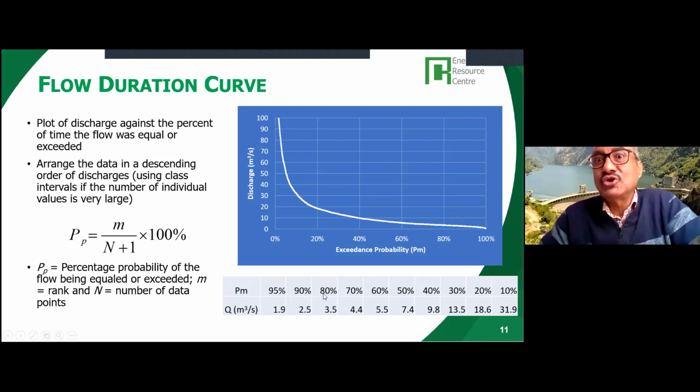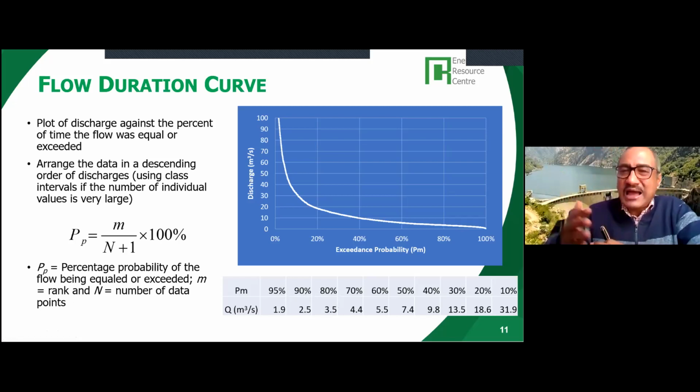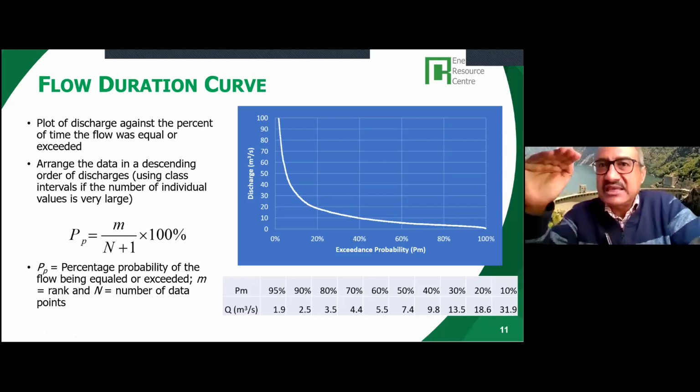During that time, your turbine efficiency decreases because your rated or design discharge is 3.5 cubic meters. Tomorrow I will cover this. There is a relationship between the rated head, rated discharge, and the actual discharge.